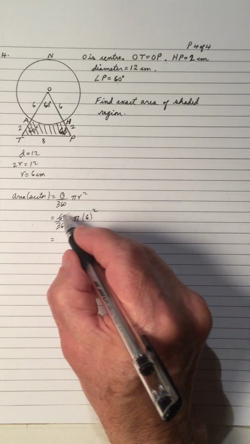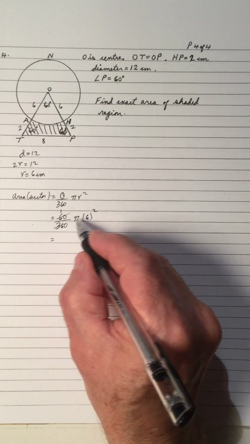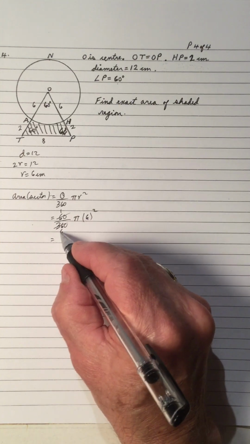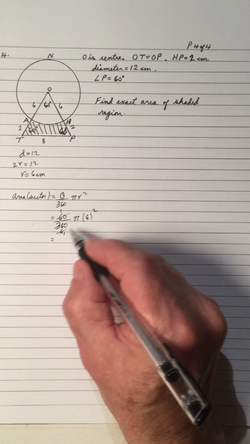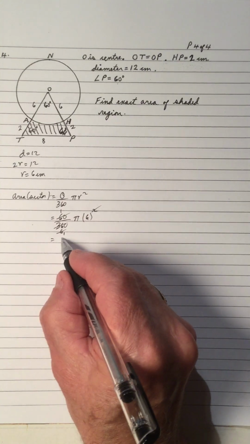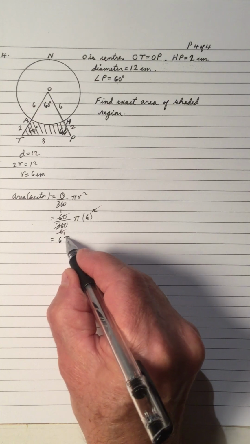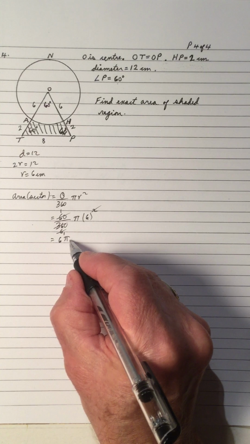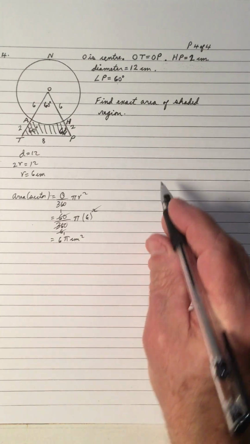So we worked that out. 60 divides into 60 once. 60 into 360 goes 6. And we got 6 squared, and a 6, so we cancel the 6. That's the 36, so we just cancel the square. So we get 6 pi. So the area of the sector is 6 pi, and it's in centimeters, so it's centimeters squared.